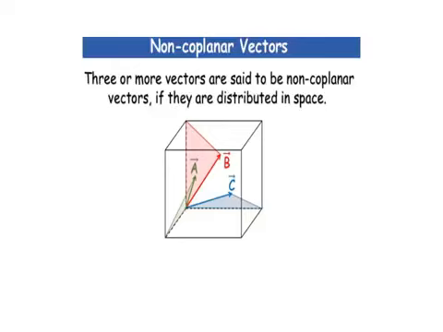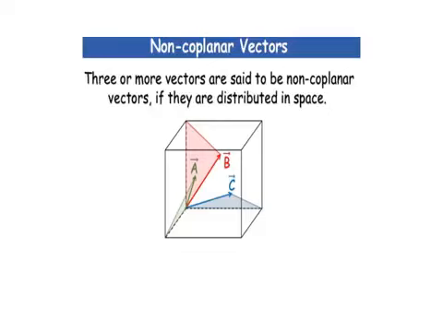Now, the next kind of vector is non-coplanar vectors. Three or more vectors are said to be non-coplanar vectors if they are distributed in space. Non-coplanar vectors are those vectors which are not coplanar vectors. That means they don't share the same plane, right?